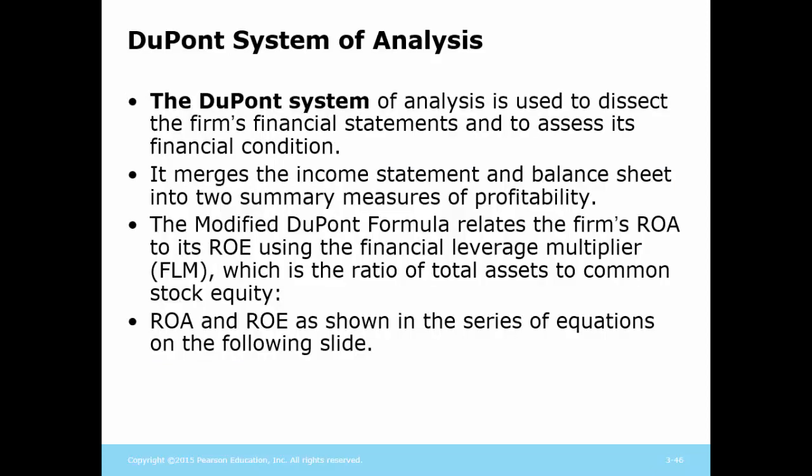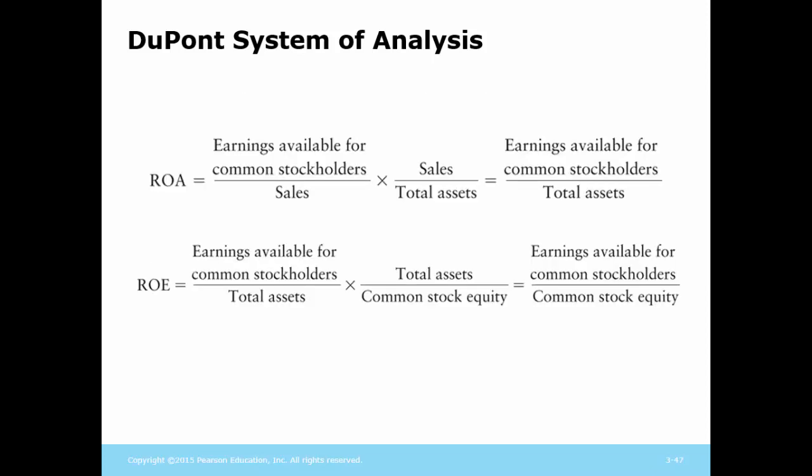And the final thing we want to talk about is something called the DuPont system. Essentially, it's a very simple analysis that breaks down return on equity into some component parts, if you will. So the return on equity of the company is the earnings available divided by sales. Well, this is essentially our net profit margin.